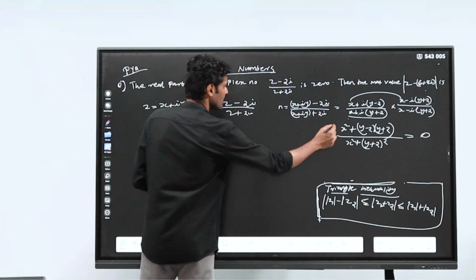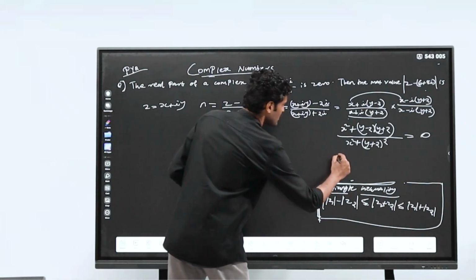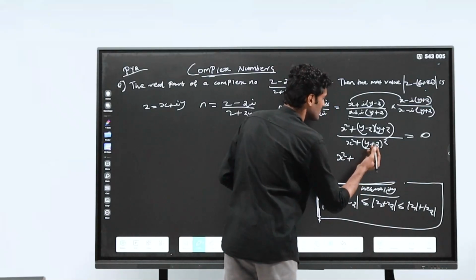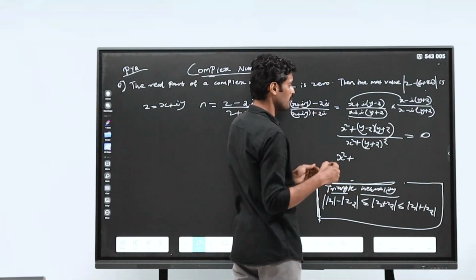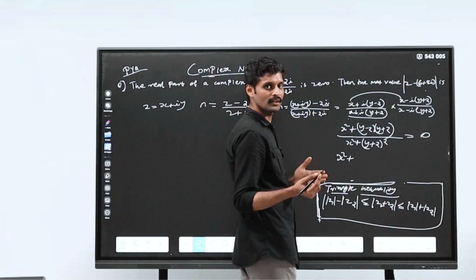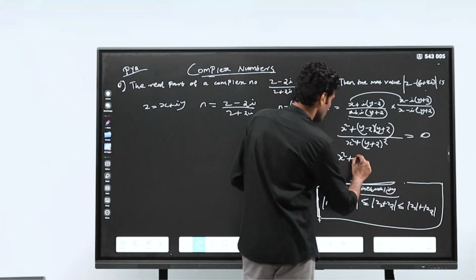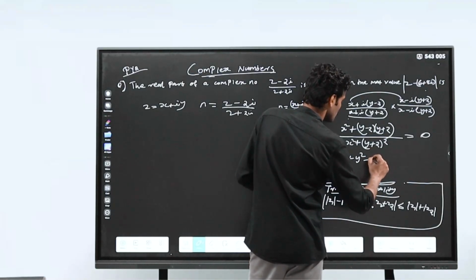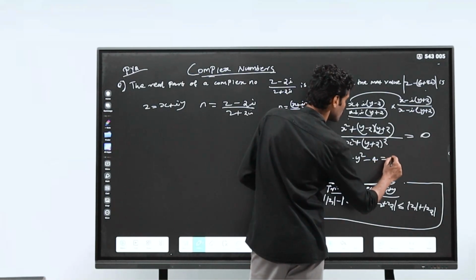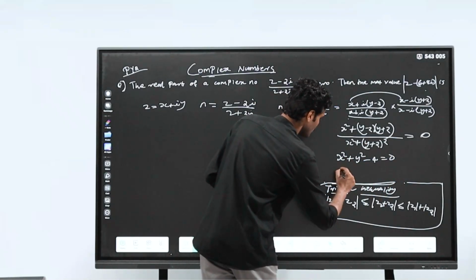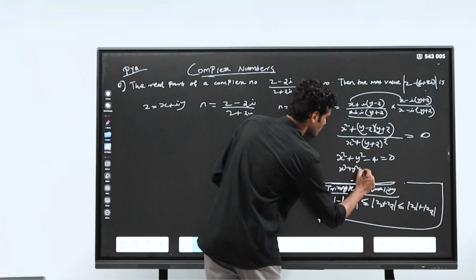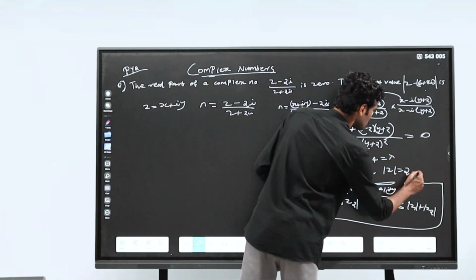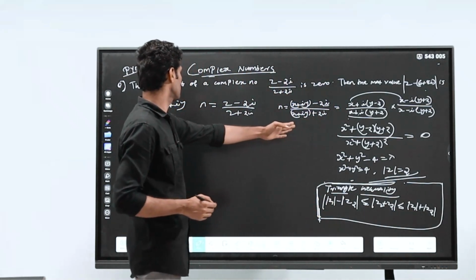From this we will get x square plus (y − 2)(y + 2), a minus b into a plus b, that is a square minus b square, that is y square minus 2 square, that is 4, equal to 0. Then from here we will get x square plus y square equal to 4, that is |z| = 2. The value of |z| equals 2.